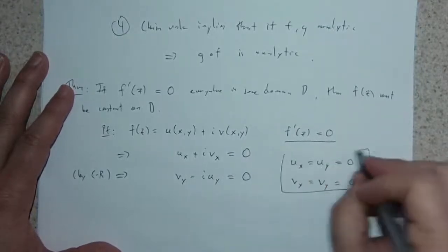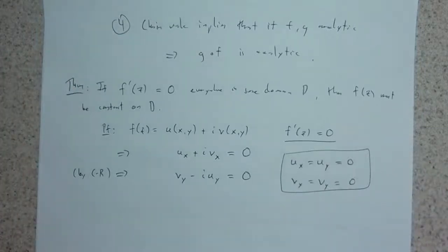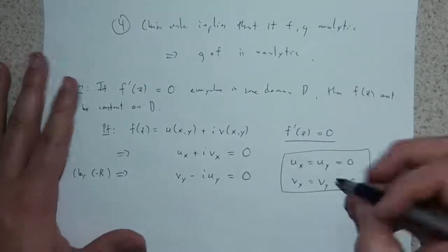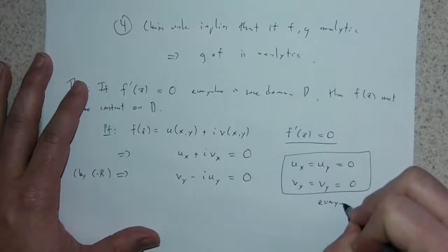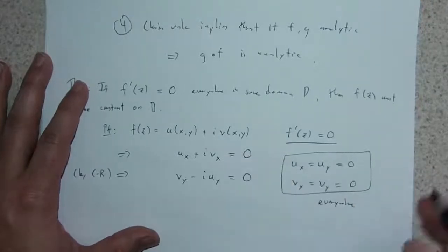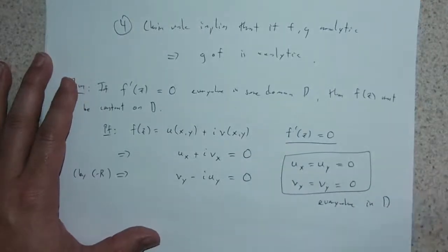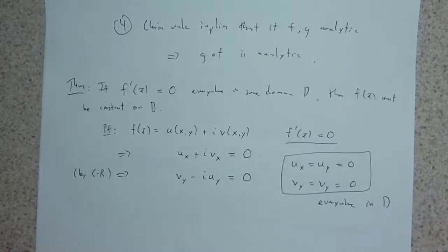And so these partials of u and v are also 0. Okay, and this is true everywhere in D, because these relationships are true everywhere in D.